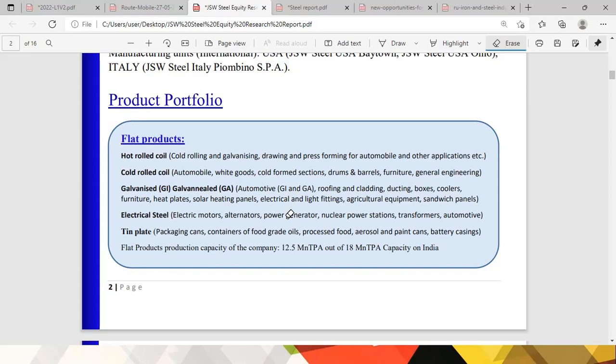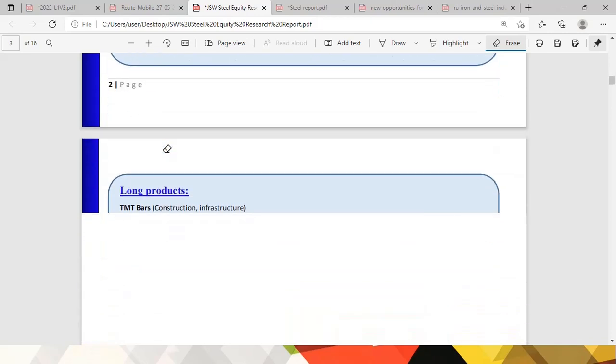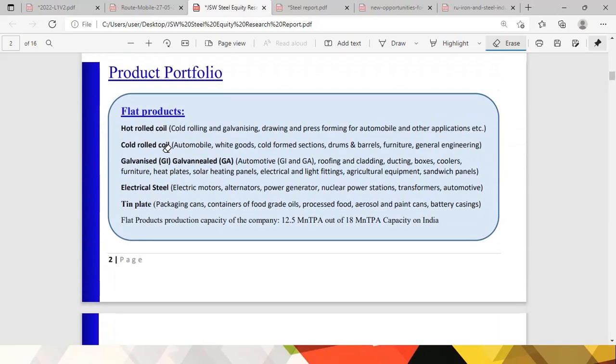So for a steel sector, it is flat products and long products. For companies like ITC, they have FMCG business, they have hotel business, they have agro business, they have stationery business as well. In FMCG sector also, ITC has two businesses, that is FMCG tobacco and normal FMCG. So this is the product portfolio.